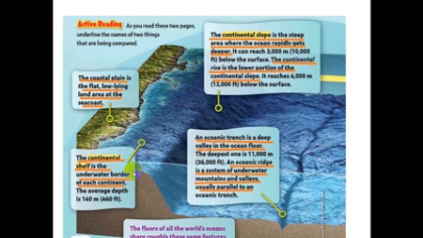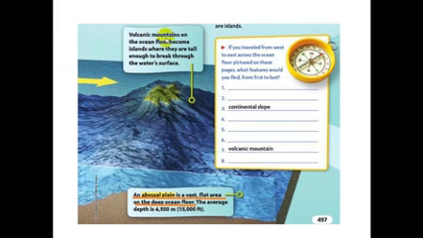Let's see. Yeah, the first part here was the coastal plain. And then the second part, continental shelf. Yes, and then continental slope. And then the oceanic trench, then the oceanic ridge, and then the volcanic mountain, and then the basal plain.